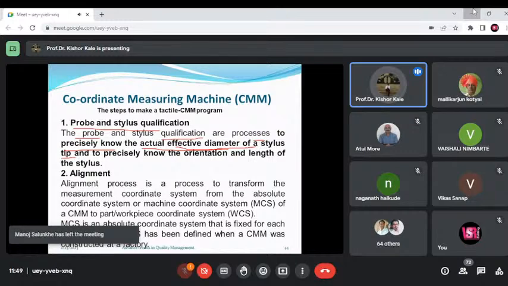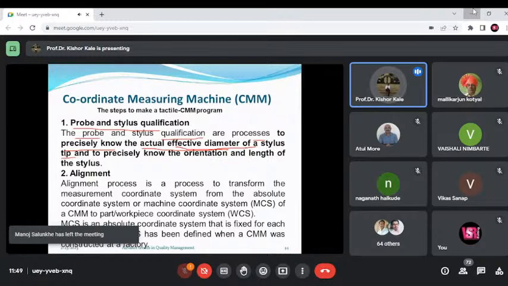The second one is alignment of the machine with the product. The alignment process transforms the measurement coordinate system from the absolute coordinate system, or machine coordinate system, of the CMM.